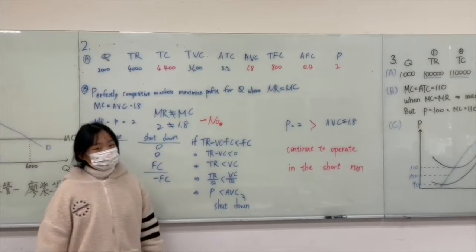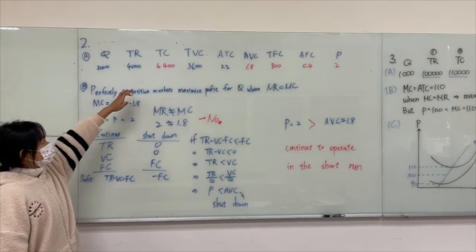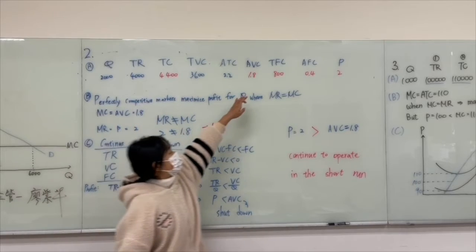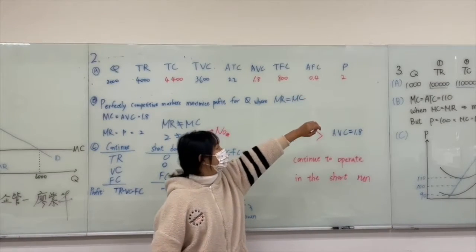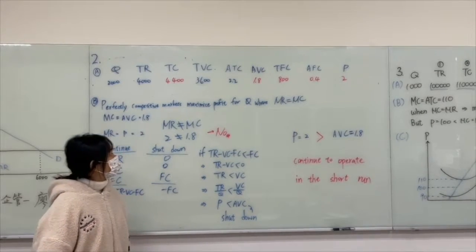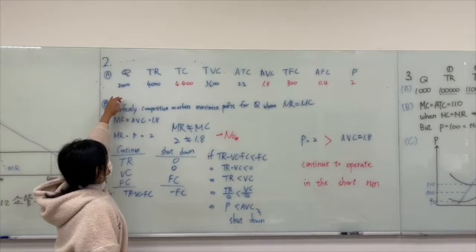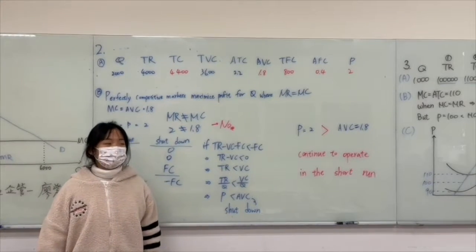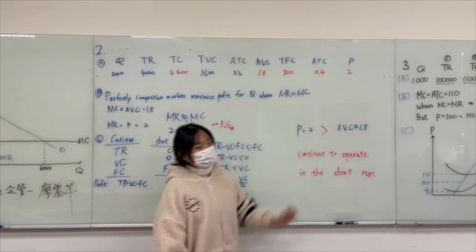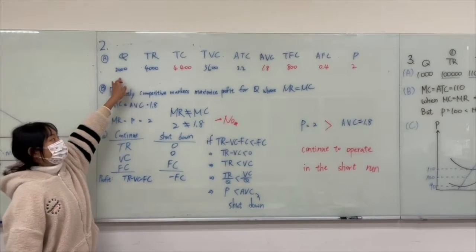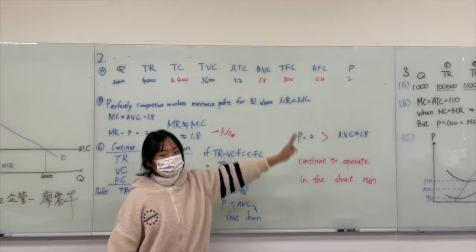Total fixed cost is total cost minus total variable cost, which is 800. Average fixed cost is total fixed cost divided by quantity, which is 0.4. And price is total revenue divided by quantity, which is 2.